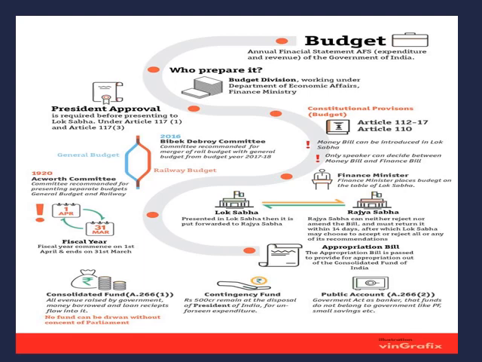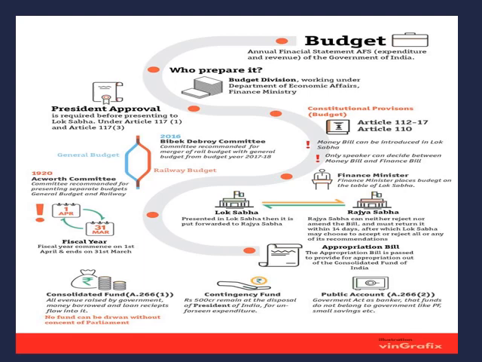When you look at this part, budget is an annual statement of the annual financial year, where we talk about the expenditures and the revenue receipts. And who prepares this budget? The Finance Ministry, Department of Economic Affairs. They contribute to prepare this budget.